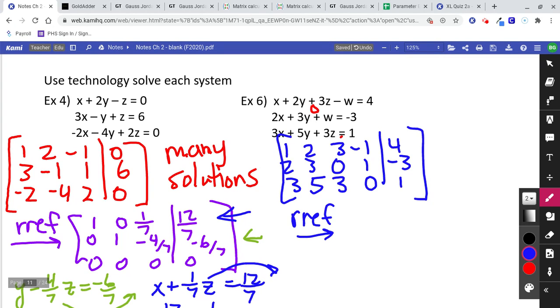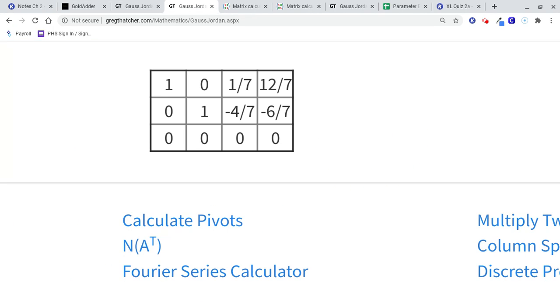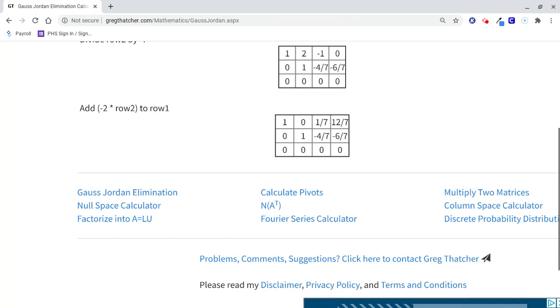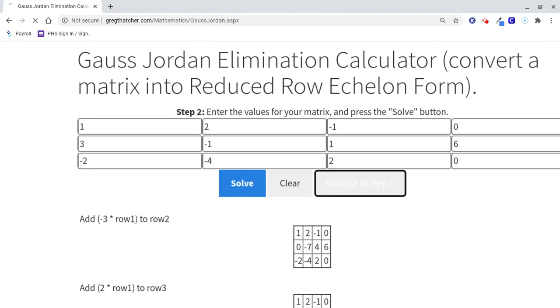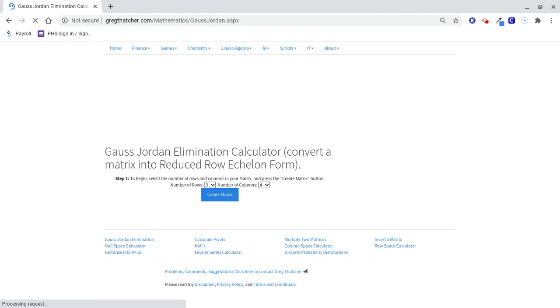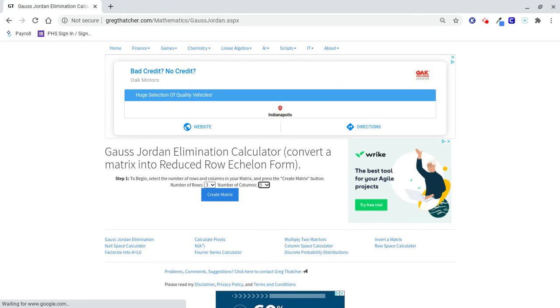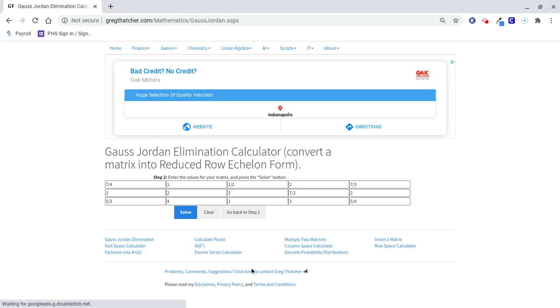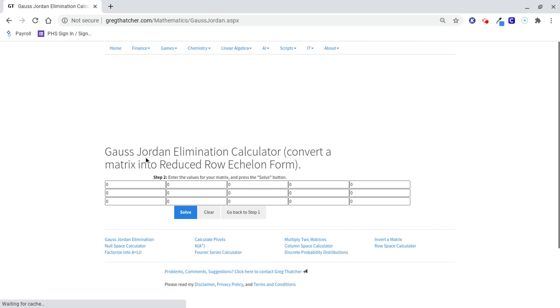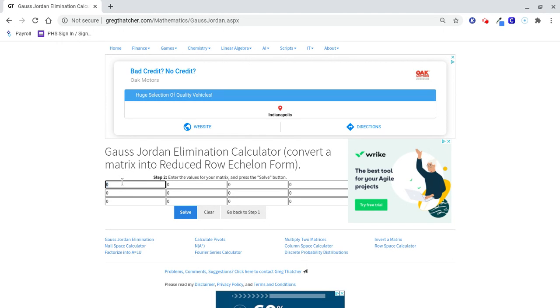And so I'm going to put that in that same website. Notice this is a 3x5 this time. So when we go back to that website, we can say go back to step 1 because we need to change it to a 3x5. Clear out whatever numbers are in there and type in.